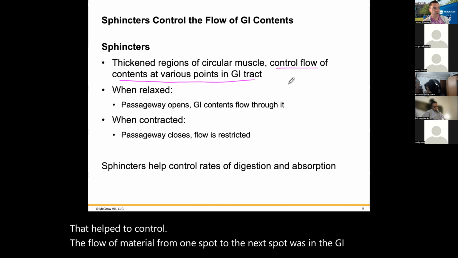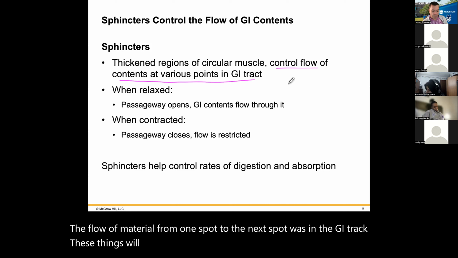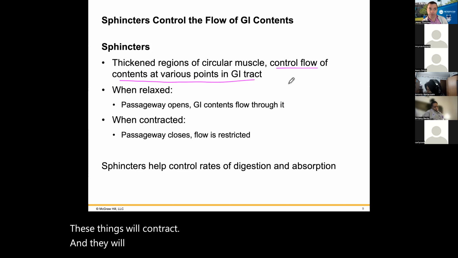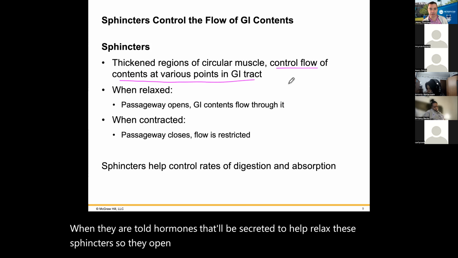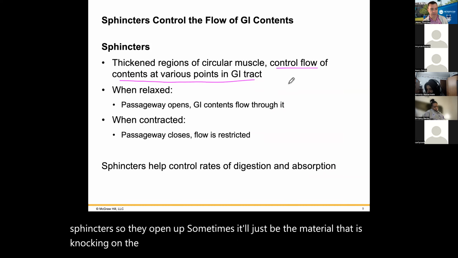These things will contract and they will be stimulated to open up when they are told to. There are hormones that will be secreted to help relax these sphincters so they open up. Sometimes it's just the material knocking on the door, so to say, that gets it to open up. But these sphincters are fantastic.